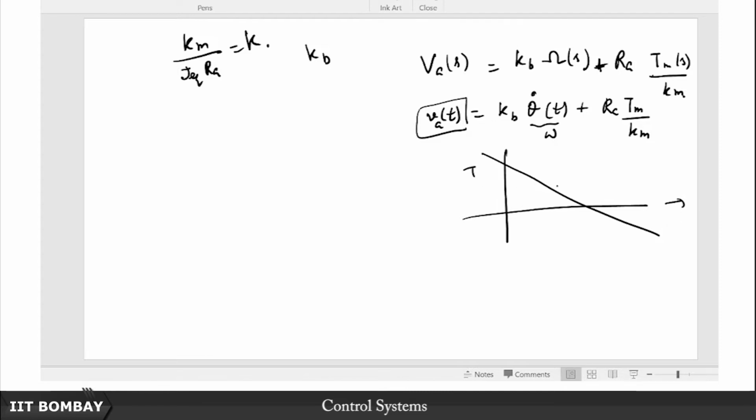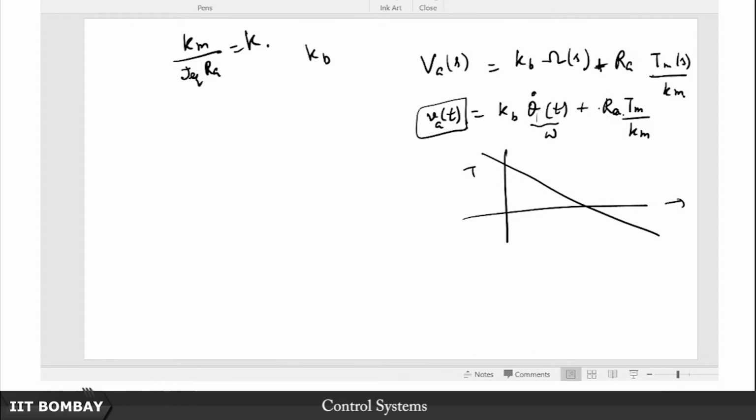Now notice interestingly what happens here. If I am holding the motor to a standstill, which is when it is stalled, then omega is 0. For a given armature voltage level, I can then obtain this.